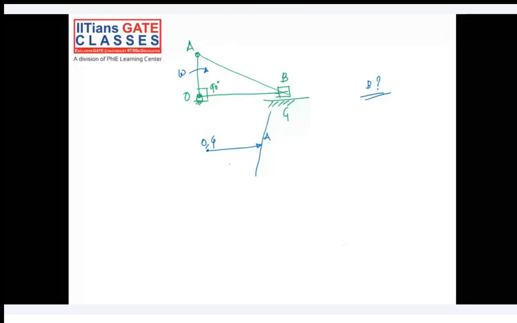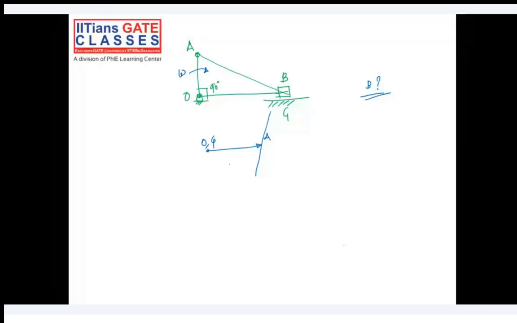See, I'll repeat. O and G point are fixed. The velocity of link OA will be in the right direction, and that I have already drawn. So we have point O, we have point G, we have point A. Just one point remains, that is point B. At this point, can you tell me whether the velocity of the slider is 0 or not?